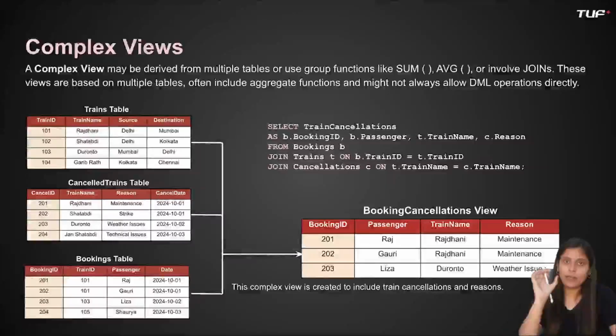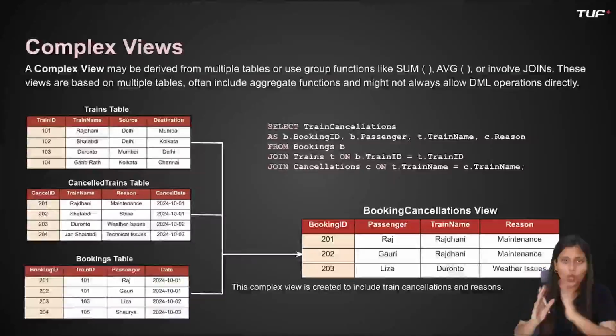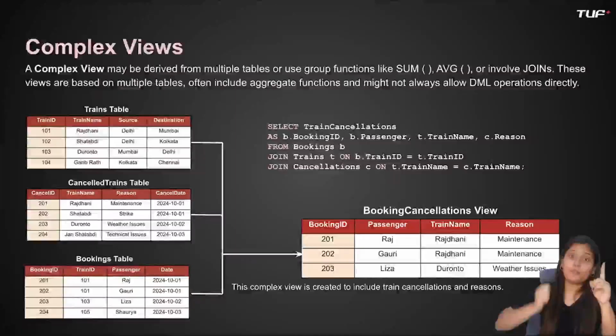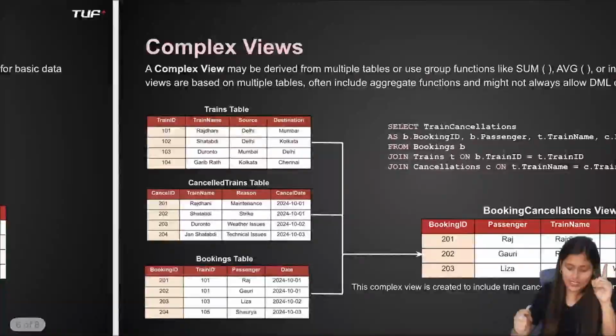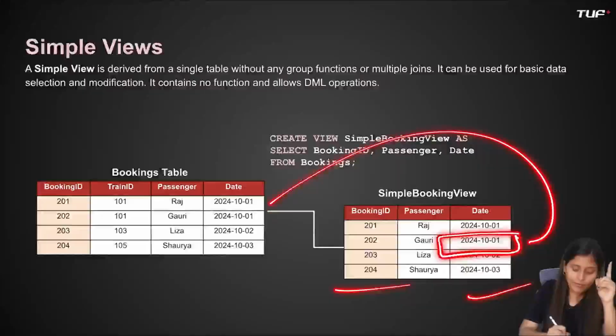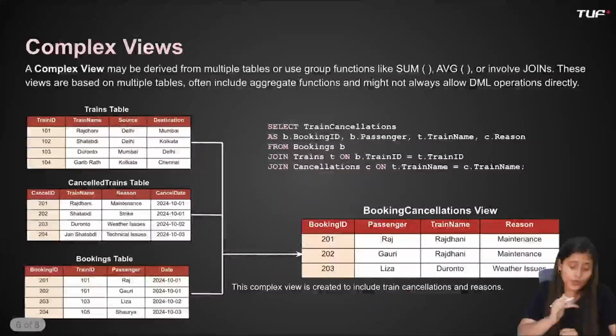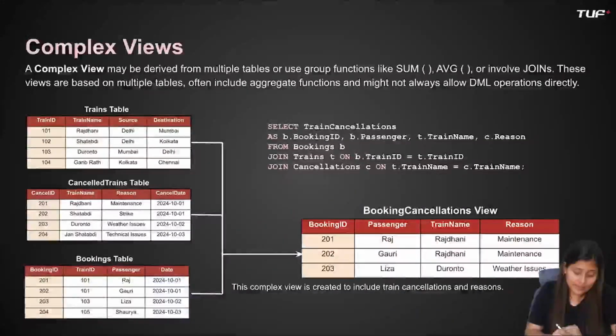Because in a simple view you are representing all the rows and columns from the same table as they are. So even if you change anything in this simple view, let's suppose the date, only one place needs modification, and that is okay. But in complex views, the date parameter may be here also, and here also.